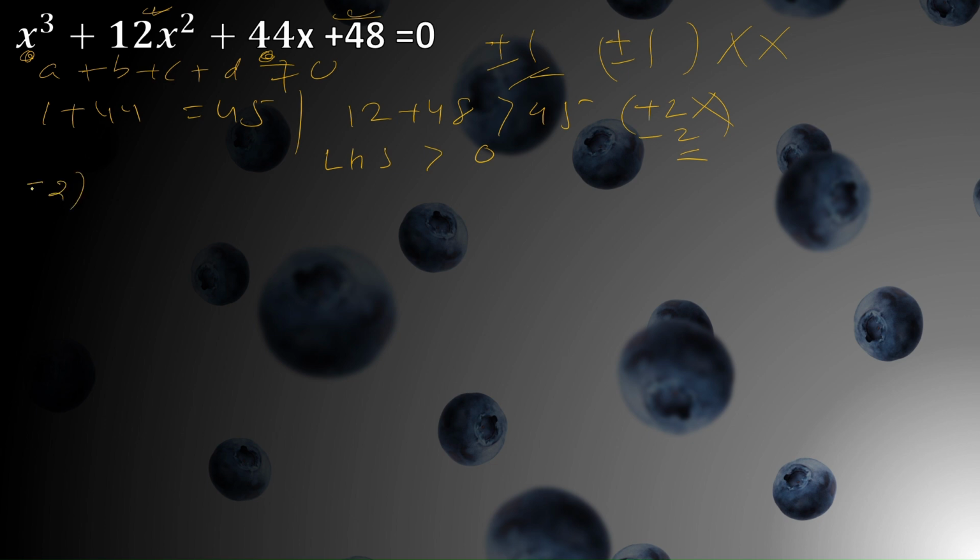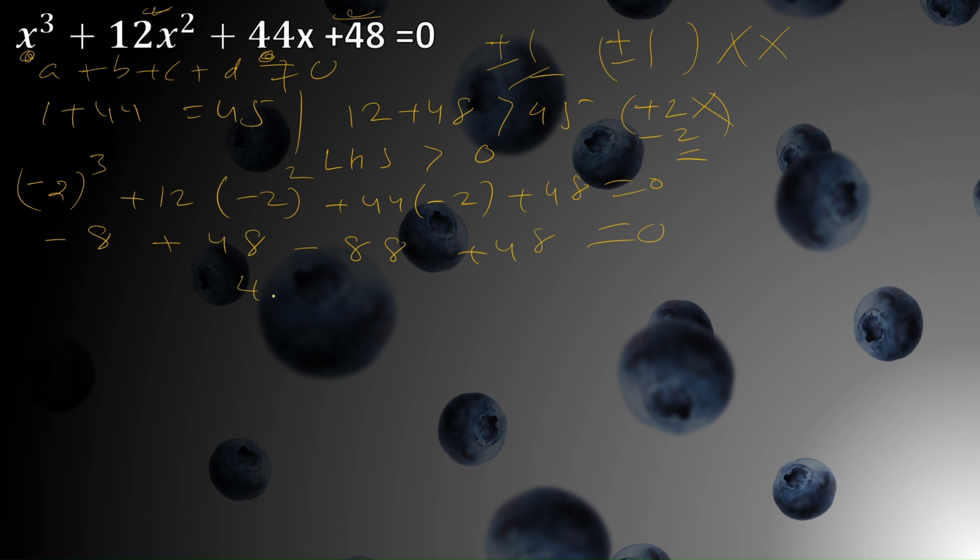So simply put minus 2 in place of x, simply substitute it: x cube gives minus 8, plus 12 into minus 2 whole square, plus 44 into minus 2, plus 48. It should make it 0. Check, this will be minus 8, this will become 48, and this will become minus 88 plus 48.